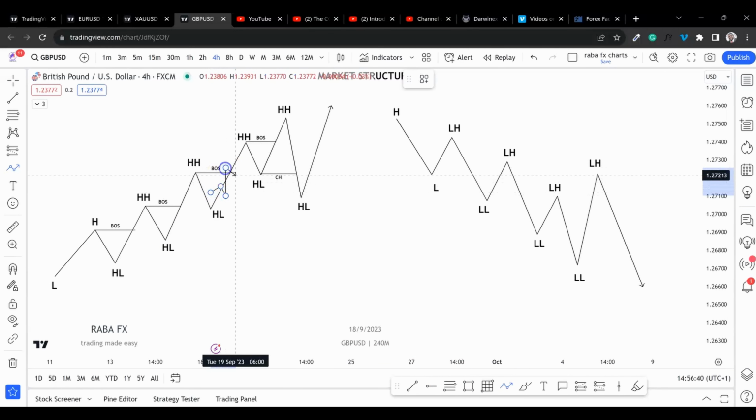Not the internal low, but the original low that started it, which might be from the higher time frame, depending on where you're looking from. So when you look at that higher low, you want this higher low to give way.